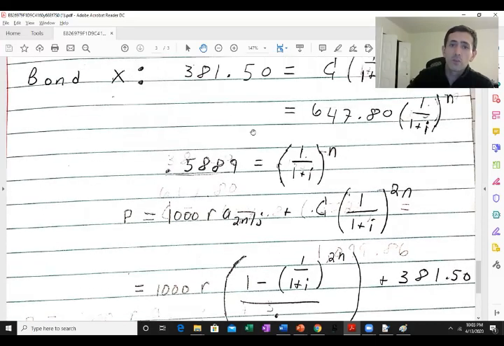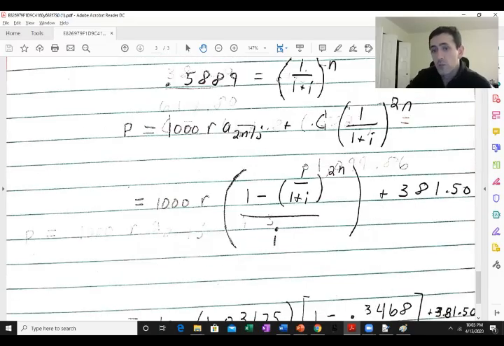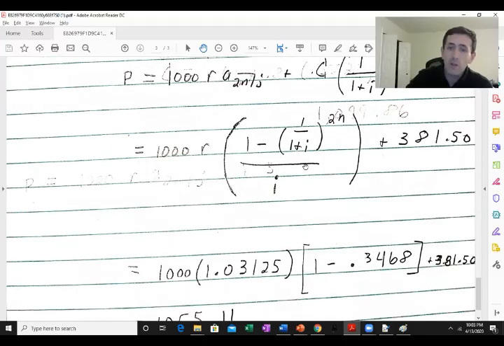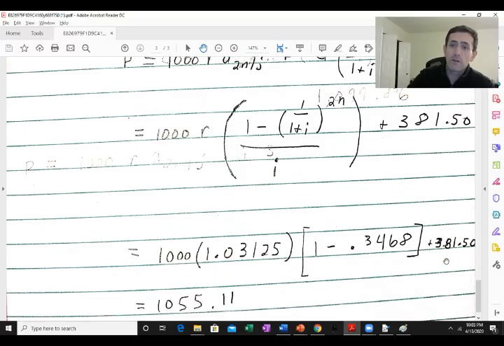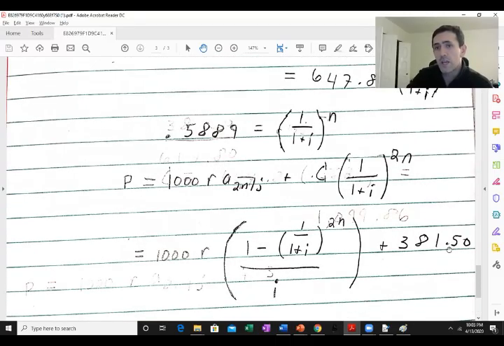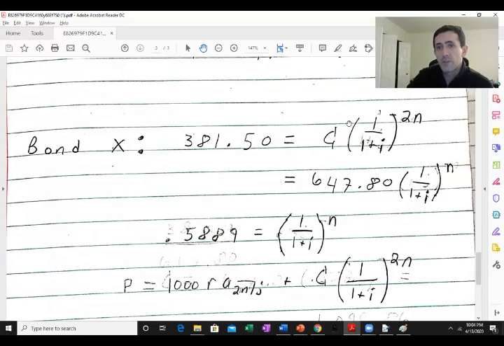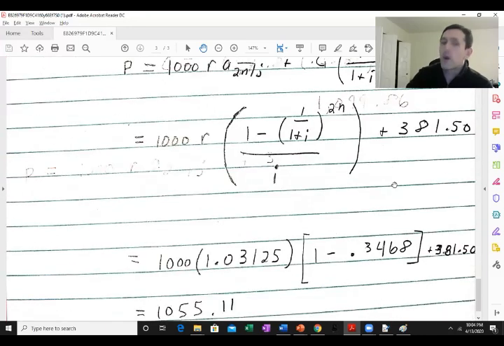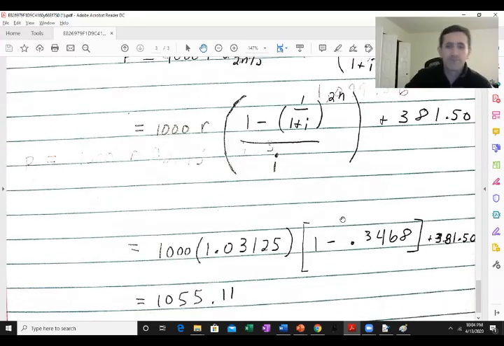It's just square both sides. 1 over 1 plus i to the 2n is 0.5889 squared, 0.3468. So you can plug all that in. r over i, 1.03125, 1 minus 1 over 1 plus i to the 2n, 0.3468, plus 381.50, which is again, C times 1 over 1 plus i to the 2n. And now you just easily throw into your calculator and you get 10.55 and 11 cents.